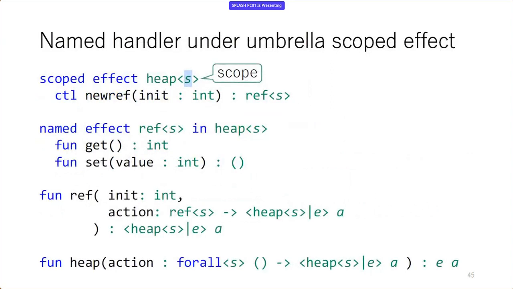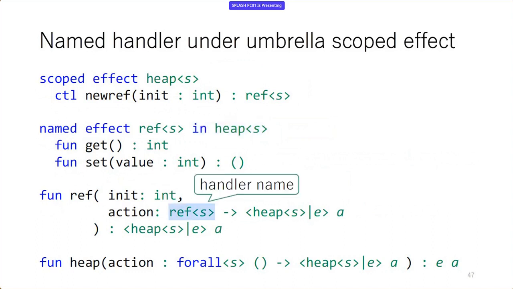Let's use a different combination to implement a safe version of our heap example. So here, we are defining the heap effect as a scoped effect and the ref effect under the heap effect. And this brings the scope variable to the type of the ref handler name.